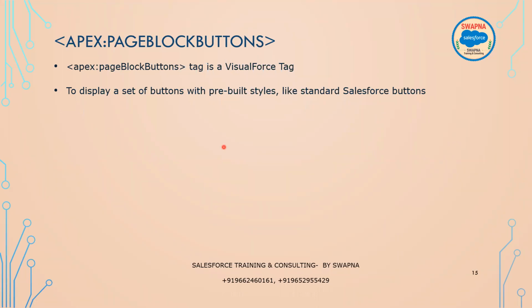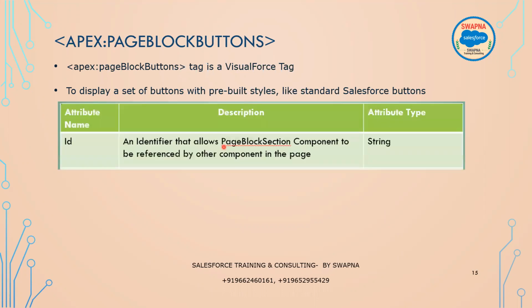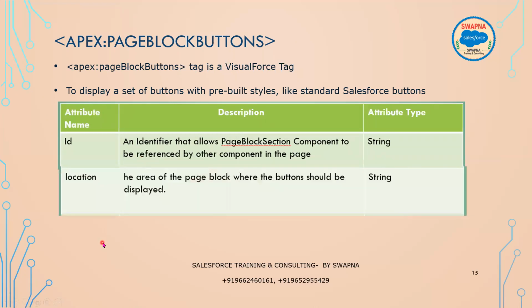Now, there are a couple of attributes on this page block buttons. The ID, you know the ID, we just need to mention the identifier name. Along with the ID, there is another attribute called location. Location is where you want to display these buttons, on top or on bottom. It is the area of the page block where the button should be displayed.